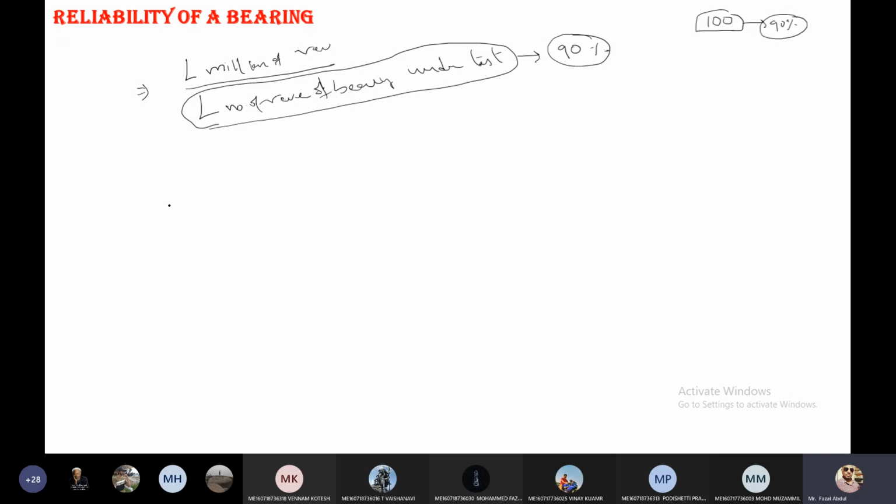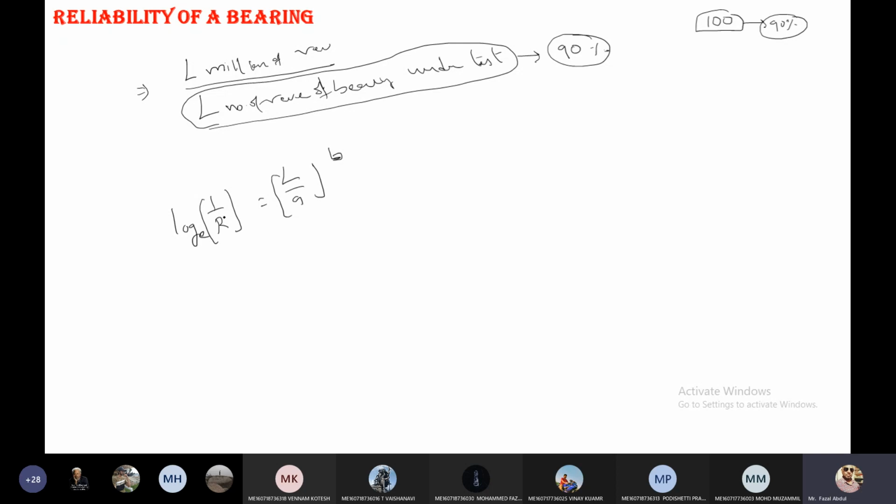Okay. So for this, we have an empirical relation, that is log e 1 by R. Here reliability is described with the help of capital R. Log e 1 by capital R equals, life of bearing by a, power b. So here a and b are constants.